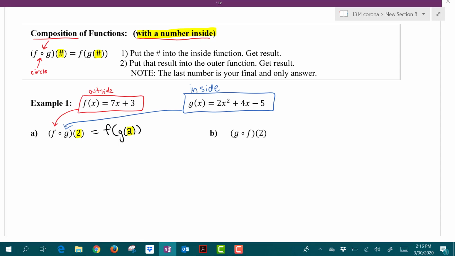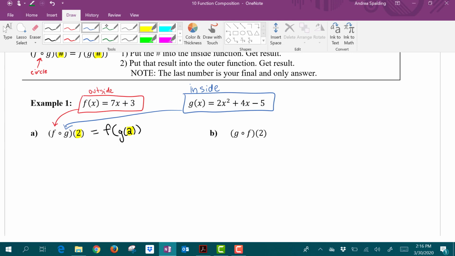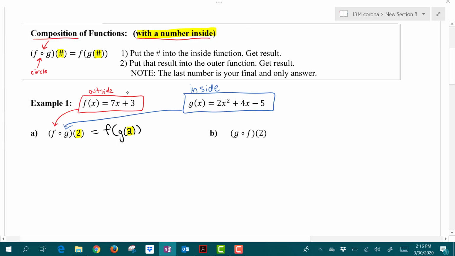Step 1 says to put that number into the inside function. So we're going to put 2 into the inside function g first. We write that function without any x's, replace all the x's with parentheses, and then drop the 2 inside of all those parentheses.